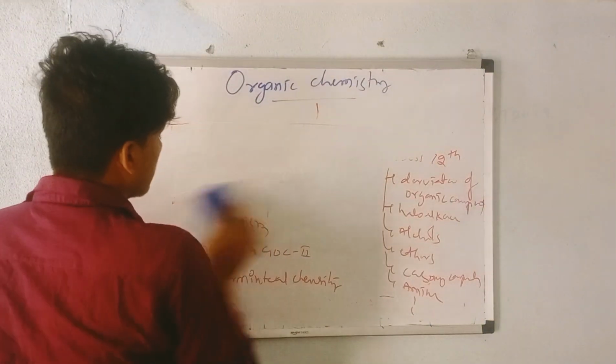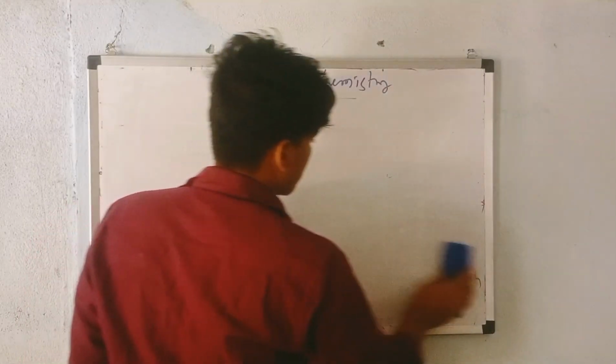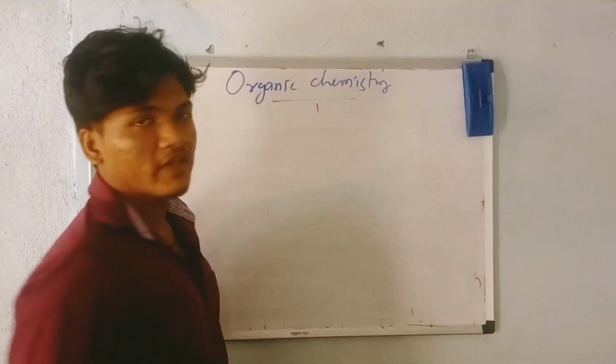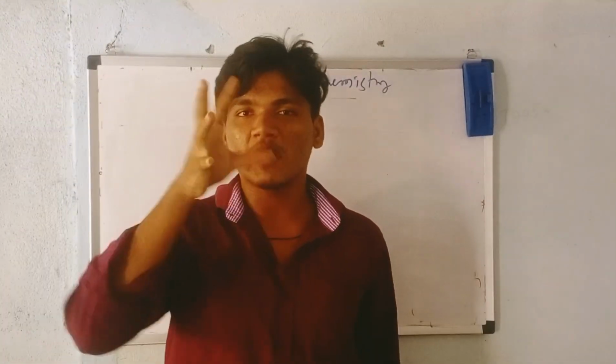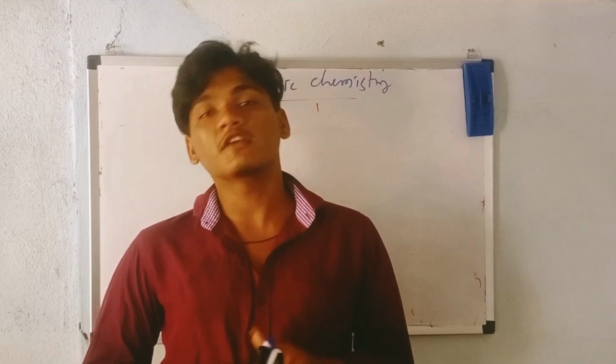So first of all, what is the definition of organic chemistry? Organic chemistry is a branch of chemistry which deals with organic compounds, their structure and their properties.